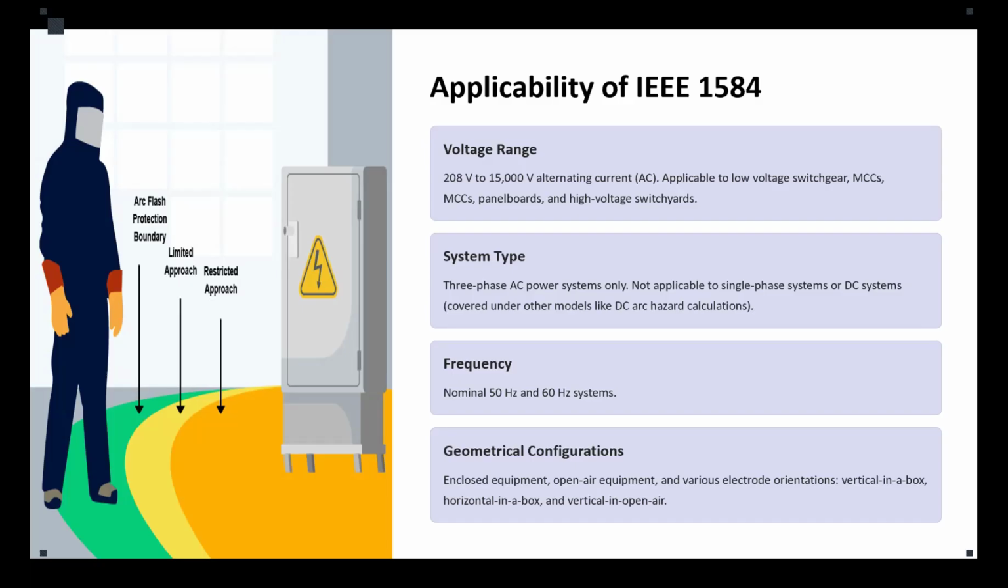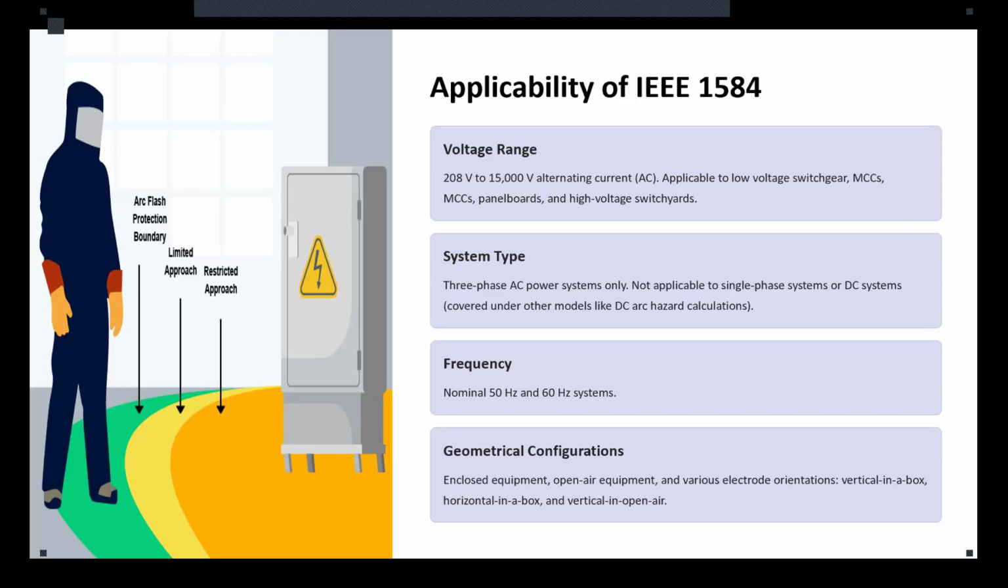IEEE 1584 explicitly accounts for whether the arc is enclosed or in open air, and how the electrodes are oriented. So it could be vertical in a box, or vertical with barrier, or horizontal in a box, or vertical in open air, or horizontal in open air. So the configuration matters when we talk about this standard.